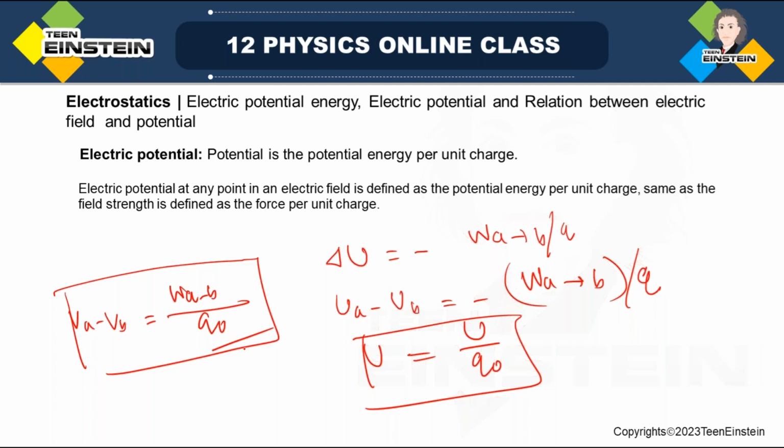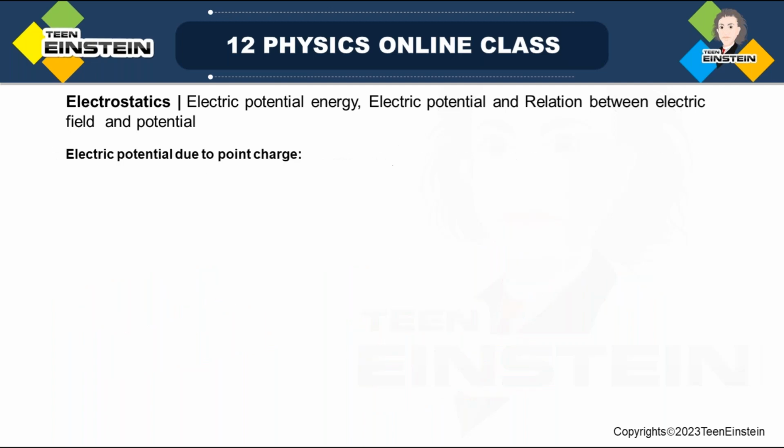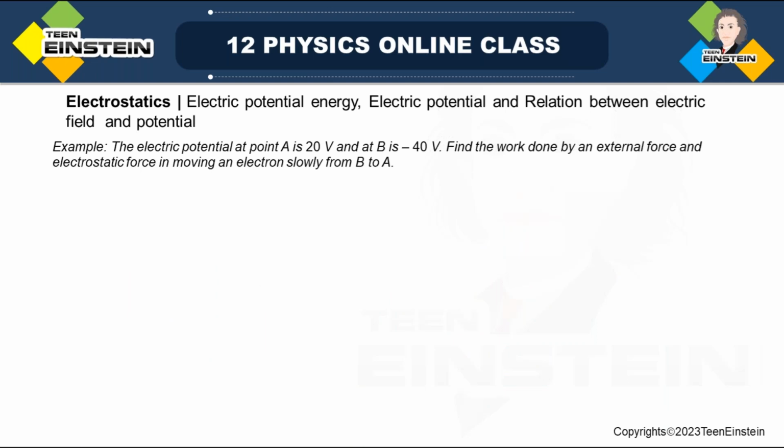Now we'll calculate electric potential. There is an example I have taken here. Electric potential at point A is given as 20 volt, and at point B it is given as minus 40 volt.